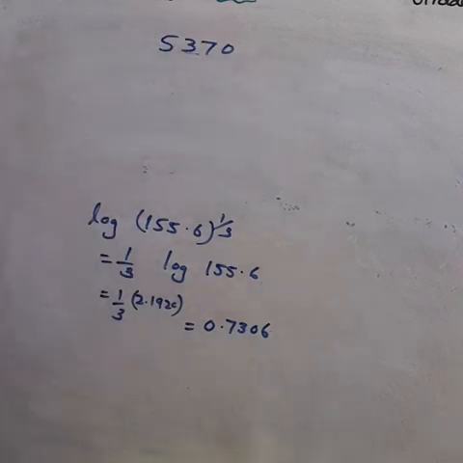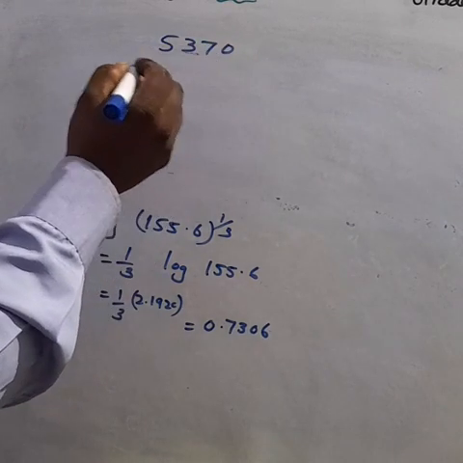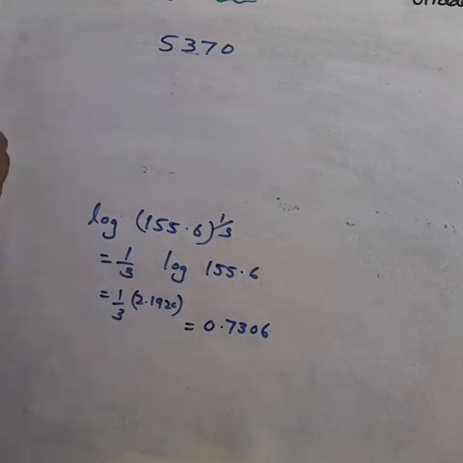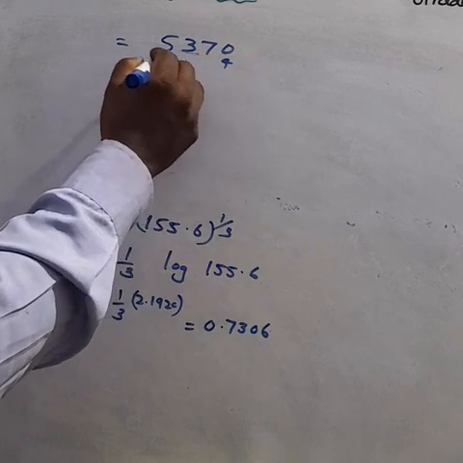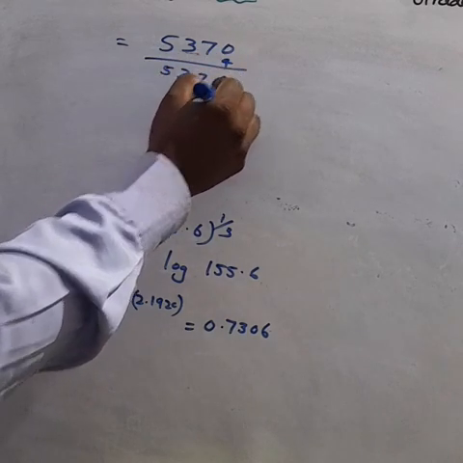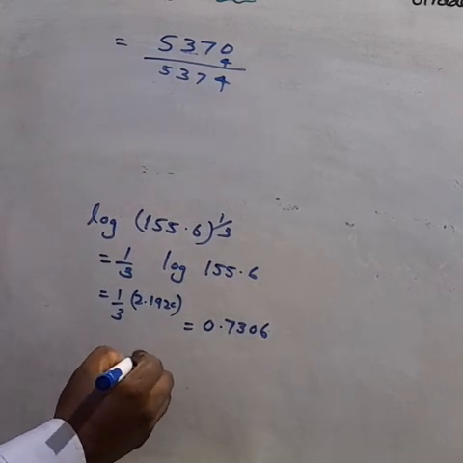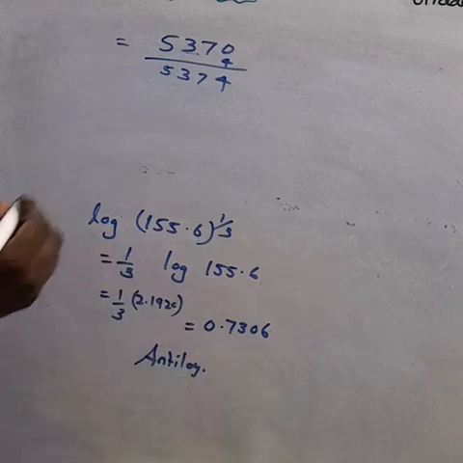And the mean difference for the last digit 6 adds 4 more. So I get the value 5374. Here the anti-log characteristic is 0, which means I give one digit before the decimal.